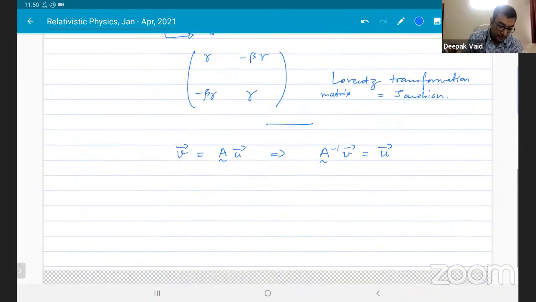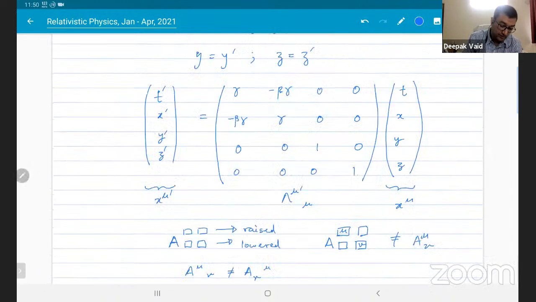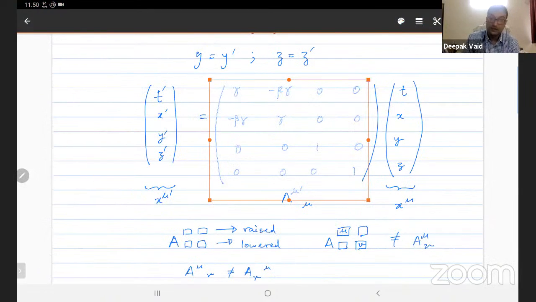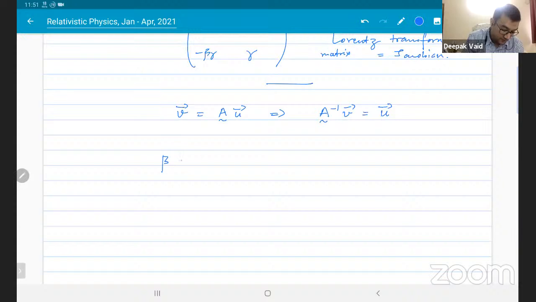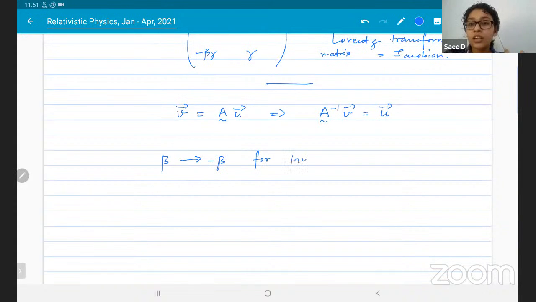So now what would be the inverse of this Lorentz transformation matrix? Anybody? There is only one small change I need to make to invert this matrix. What would that be? Minus sign of beta changes to plus. Right. So minus changes to plus. And why is that? The velocity of the other frame with respect to this frame will be in the opposite direction.